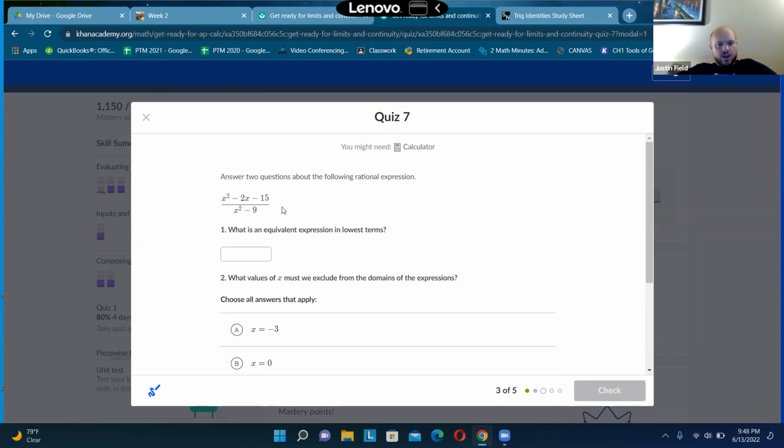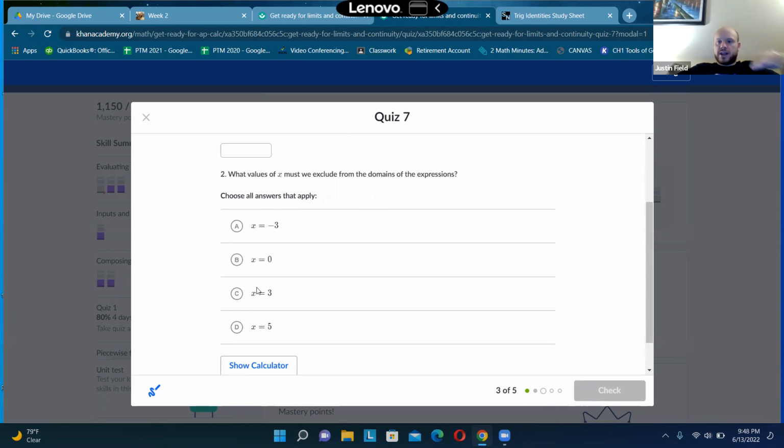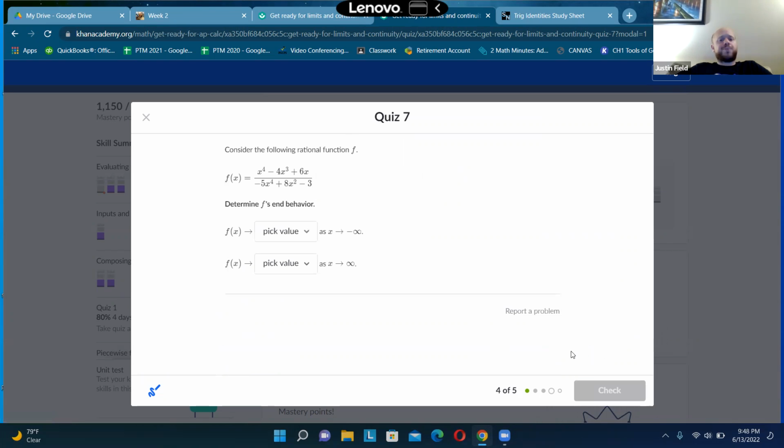So you're going to factor it like I did in the first one, and any zeros in the denominator must be excluded. Sorry, I'm not trying to be lazy, but I already explained this in the first one. All right, this is new though.